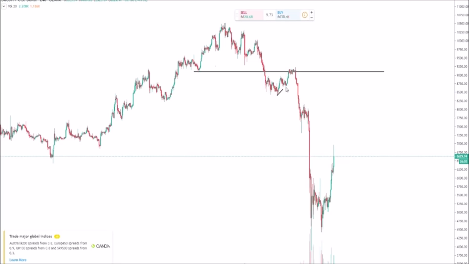So this is your structure, and this is the opportunity. You get the break and sells off quite heavily. So simply follow the structure, and then you get this break around here and then sells off in your favor. So that's just a simple way that I would look at the market.